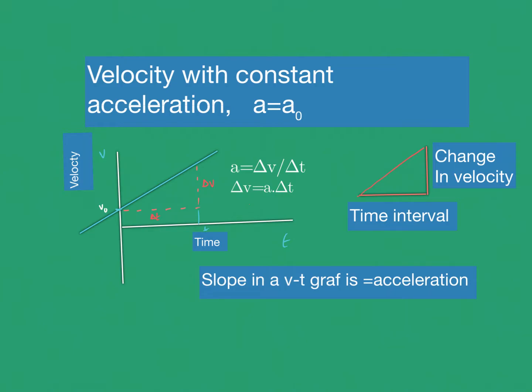Always the slope is constant. So the change in velocity is a times delta t. The slope in a graph v of t is the acceleration, the change in velocity per unit of time. And this is the equation that we will use. Here is the change in velocity, this triangle, and here is the time interval elapsed, delta t.